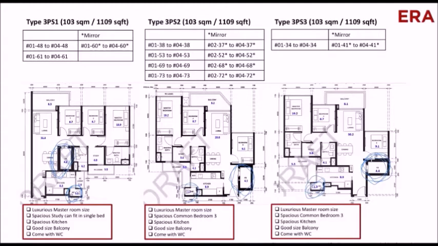If we were to zoom in, actually you realize our bedroom sizes are all about the same. This is 8.7, this is 9.1, 8.7. The common room size, 8.7, 8.7, 8.7.